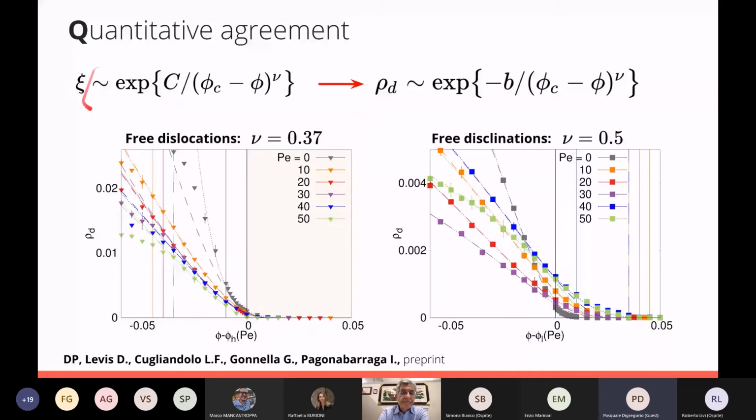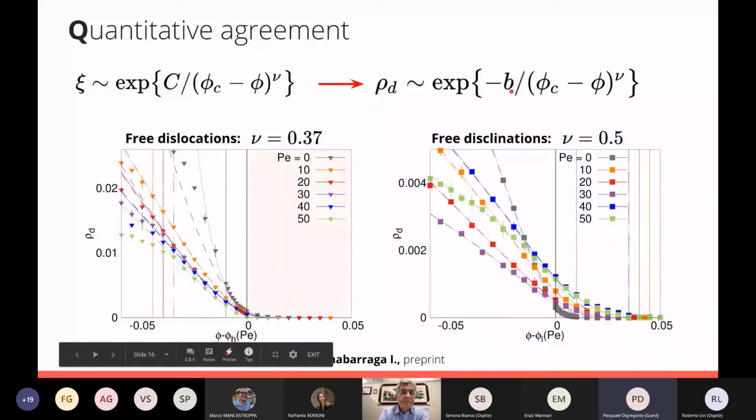And from this form of the critical divergence of the correlation length, and from a simple scaling argument, we can give a prediction of the way our number of defects should go to 0 at the phase transition.